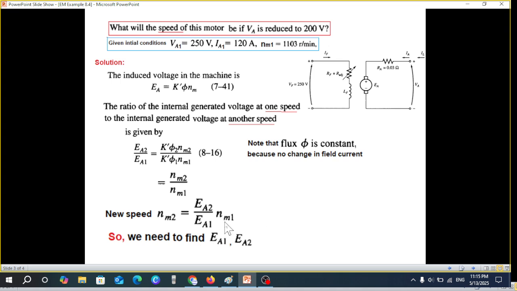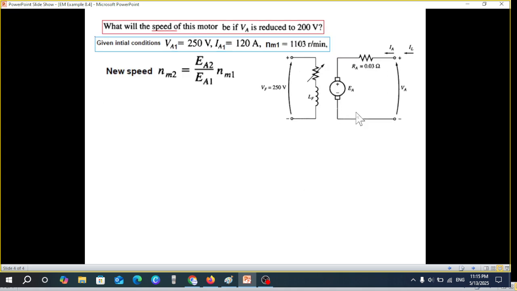So what we need, NM1 is already given here. We need to calculate EA2 and EA1. Let's see. Now look at this circuit. We need to calculate this for two different voltages. The general formula, we can say that EA is VA or VT, terminal voltage, minus the voltage drop here.